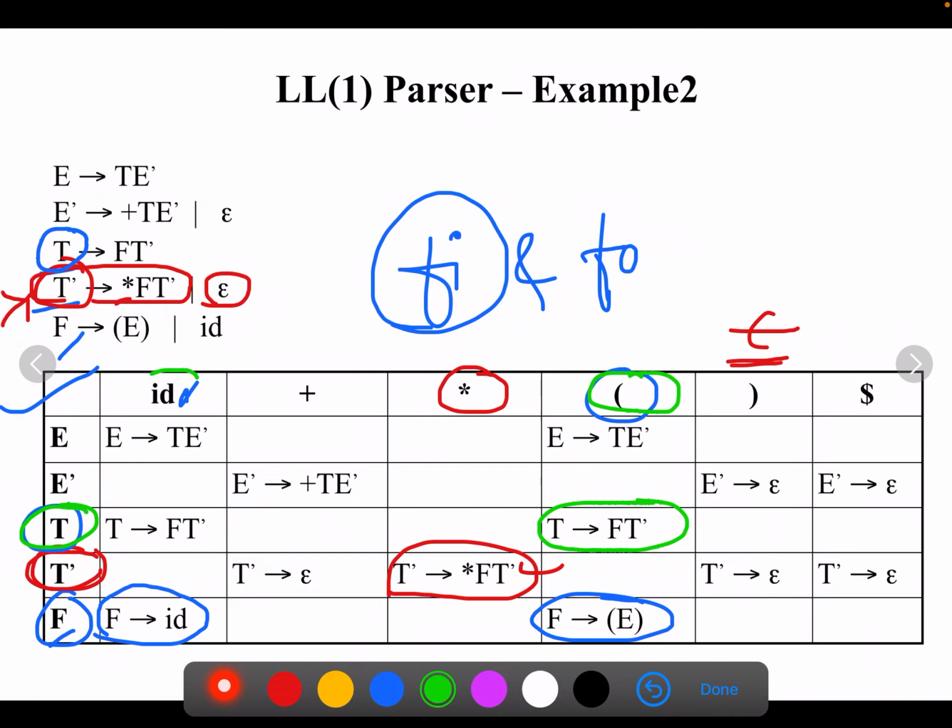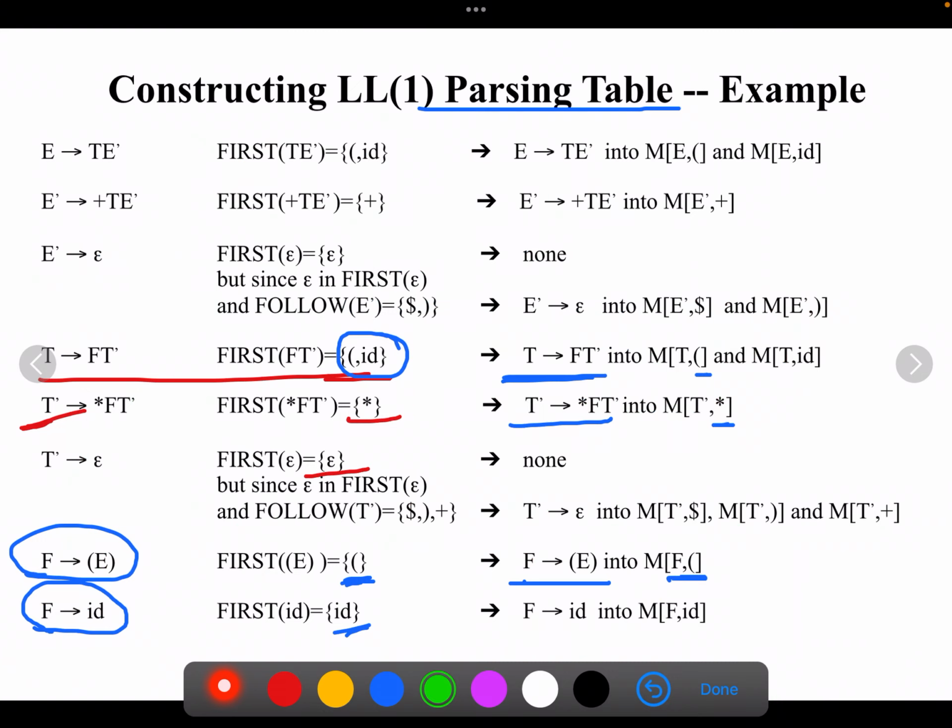Similarly T on ID, the same production is being used at the first level. So later you might use first of F, but still the very first production used for obtaining that element, you have to write that. So same production in both the places you have to write. Here and here, the same production. Okay, moving on to next.